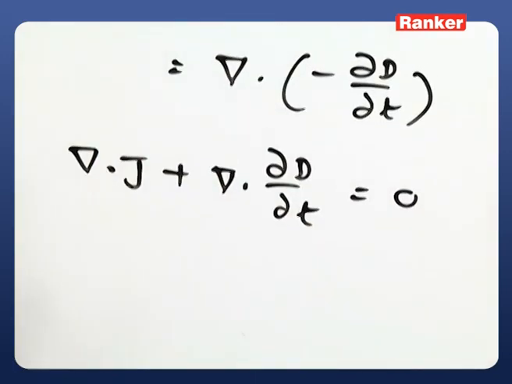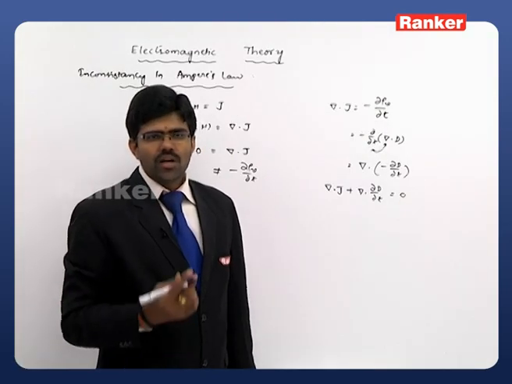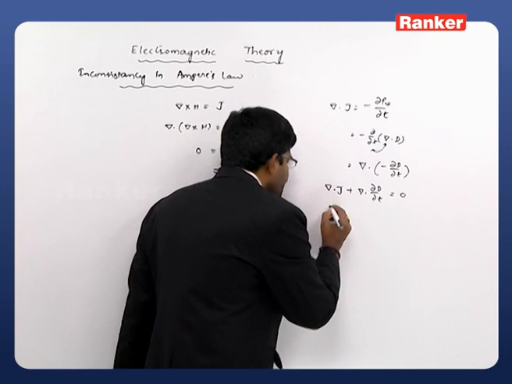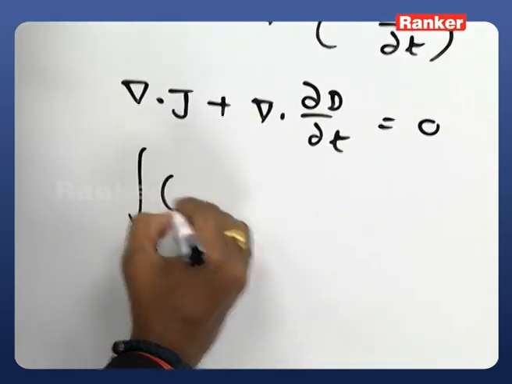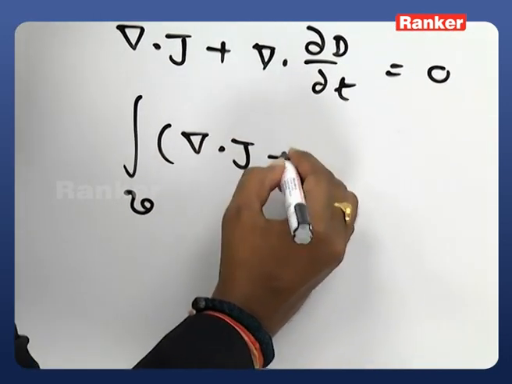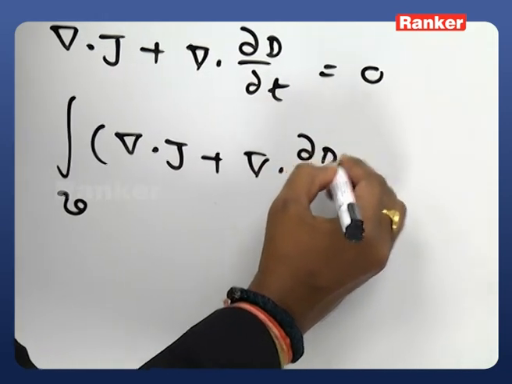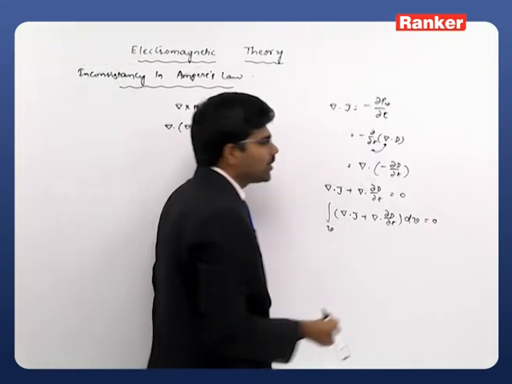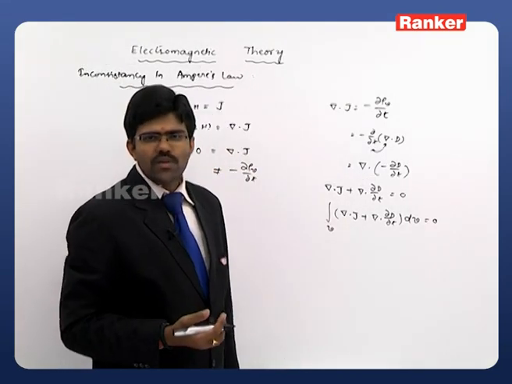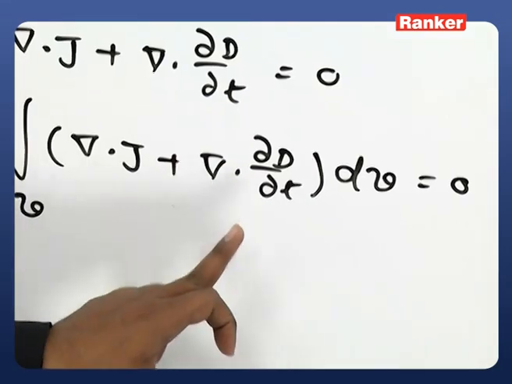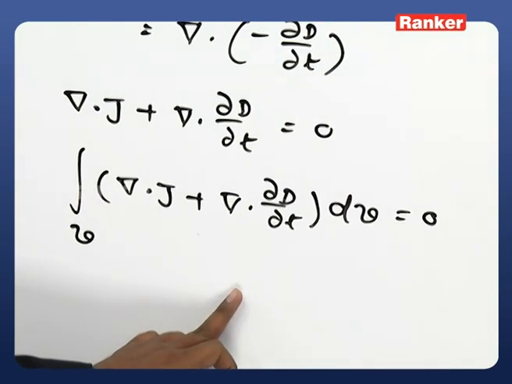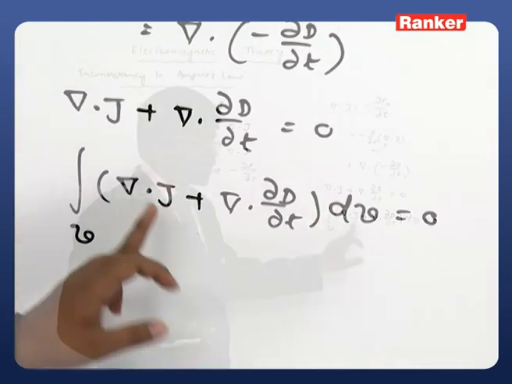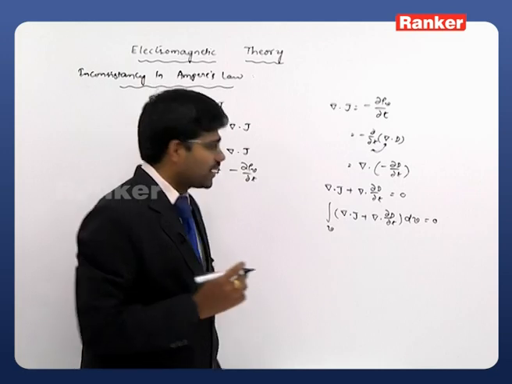Now apply volume integral on both sides. The volume integral of del dot J plus del dot dou D by dou t dv is equal to 0. On the right hand side, we just have 0. Now this is clearly related to our divergence theorem, so this volume integral can be converted to a closed surface integral.